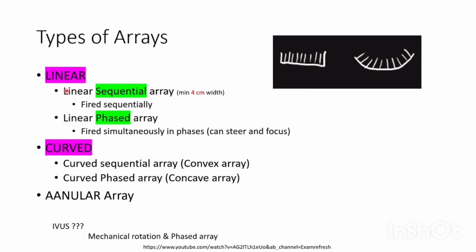So we come to the probes more. There are various types of probes, and we call them arrays, and that is the mechanism by which these probes act. Generally they are divided into linear as well as curved probes. Linear probes are again classified as sequential as well as phased.